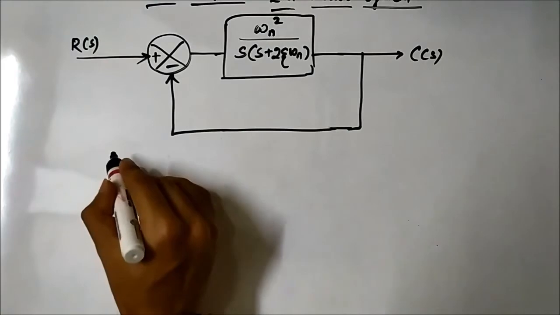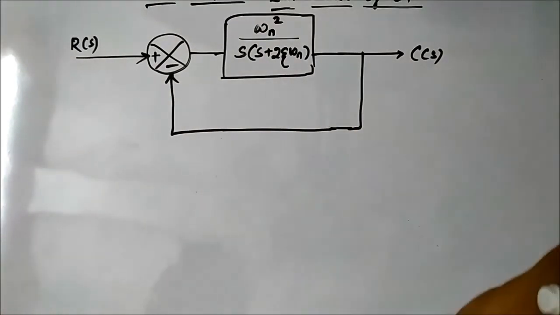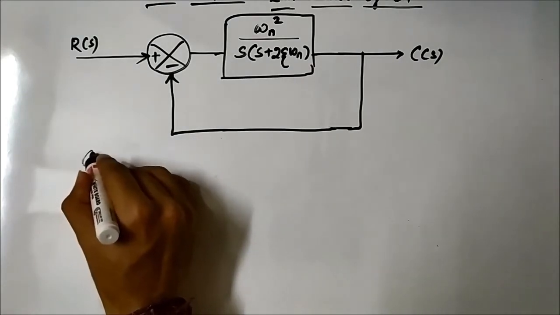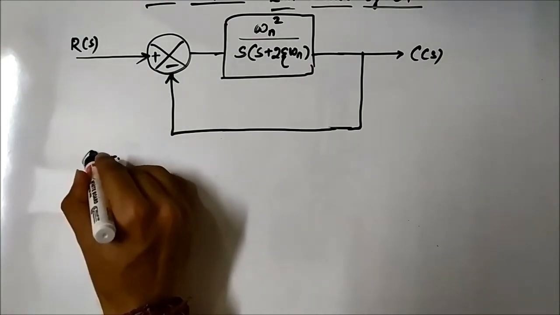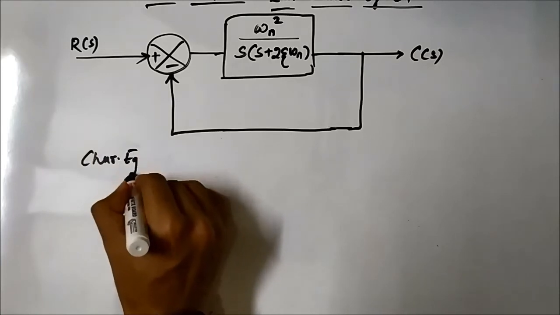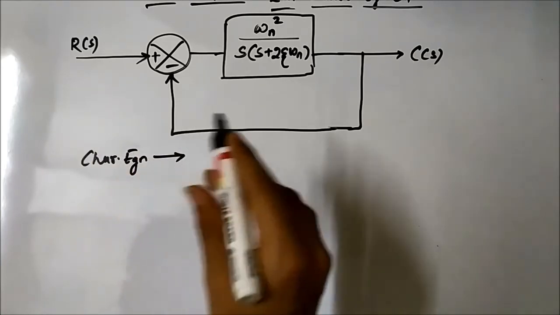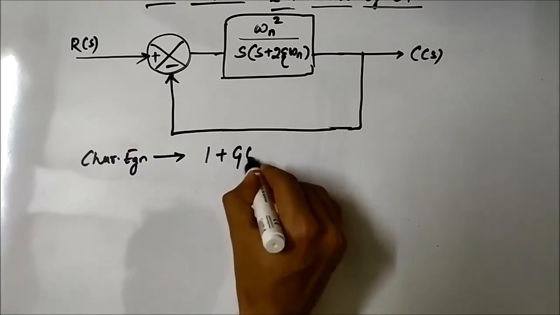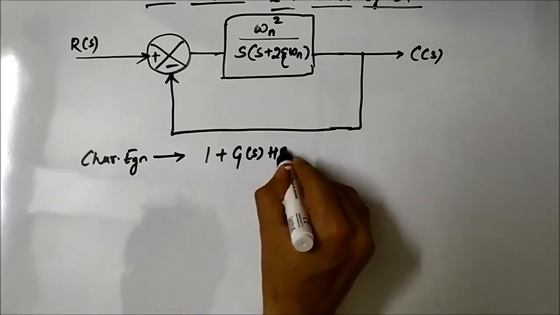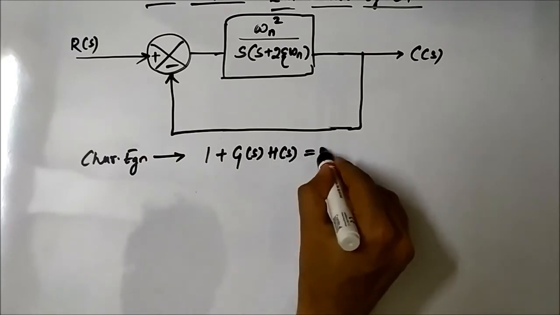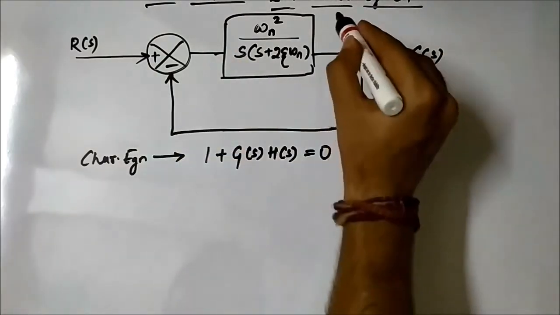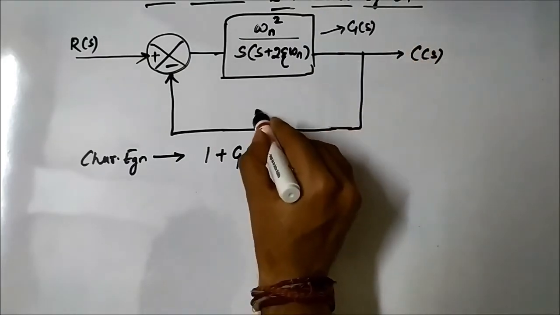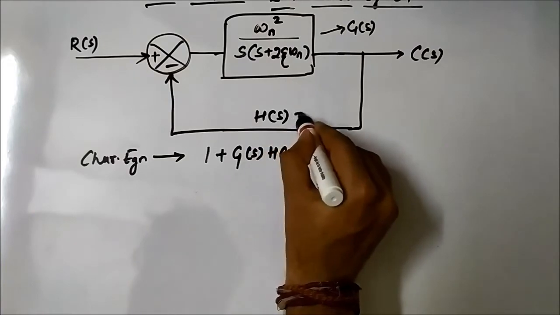The next important concept related to the time response analysis is the characteristic equation, which is 1 plus G(s)H(s) equals 0. Here this is G(s) and H(s) is equal to 1.